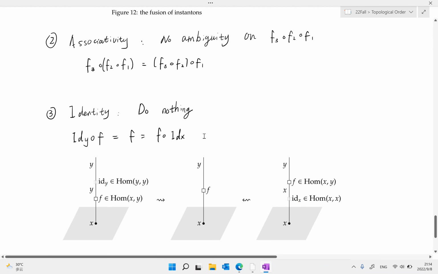Here we should notice that this product is not commutative, so you cannot swap it.